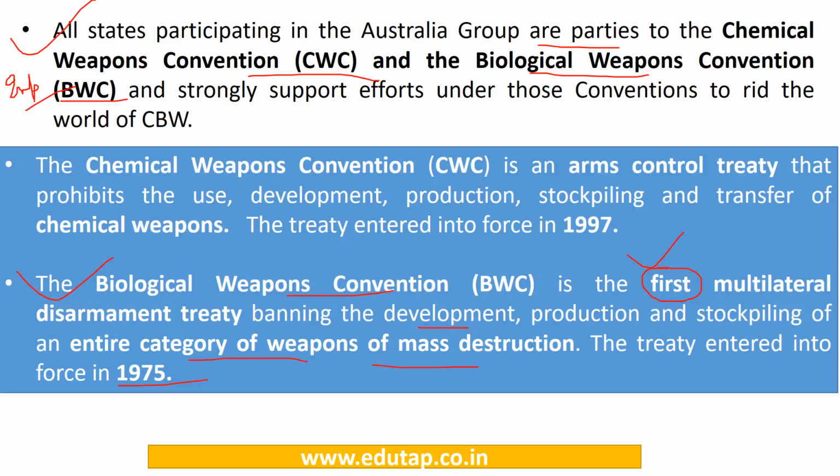On the other hand, Chemical Weapon Convention entered into force in 1997 dealing with the use, production and transfer of chemical weapons. I again repeat that BWC focuses on weapons of mass destruction while CWC on chemical weapons.